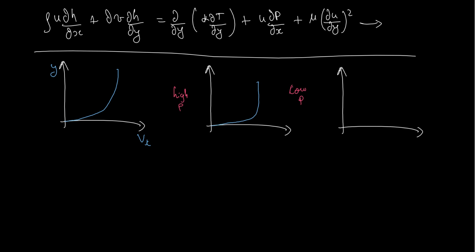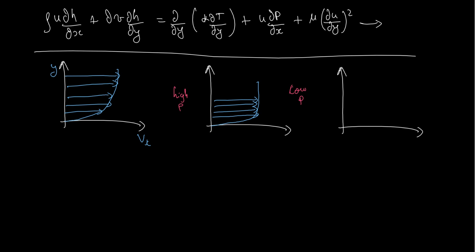So let me draw lines to indicate the magnitude of the velocity. The velocity profile becomes steeper, and the boundary layer becomes thinner, because the edge of the boundary layer is defined at 0.99 times the free stream velocity, which is attained quickly here at a shorter distance.